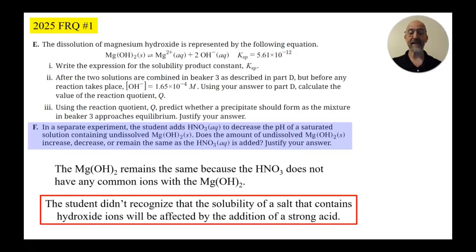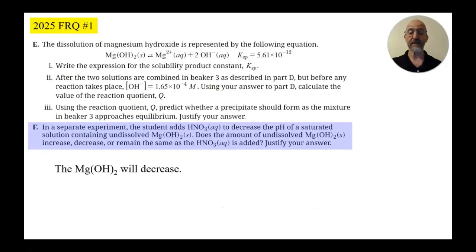So the mistake is that the student didn't recognize that the solubility of a salt that contains hydroxide ions will be affected by the addition of a strong acid. So now here comes another example. Did the student actually justify their answer appropriately? All right, "the magnesium hydroxide will decrease" is actually correct.